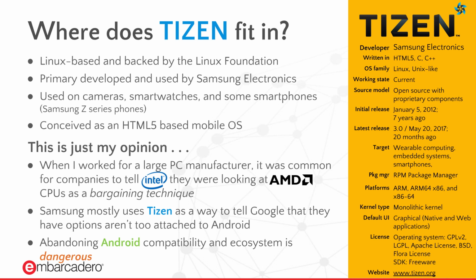Now, in my opinion, I'll give you a little history. Back in the day, I used to work for a fairly large PC manufacturer. And it was common knowledge that PC manufacturers would occasionally ship an AMD-powered computer and tell Intel that they were seriously considering switching to AMD. It was being done as a marketing thing, a bargaining technique.